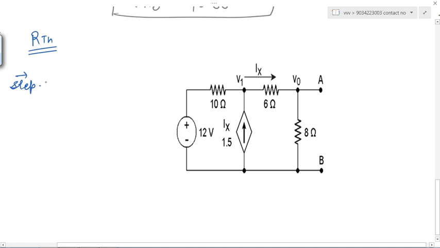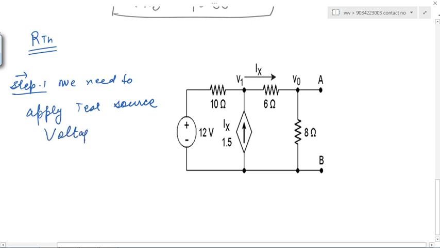Step number 1, we need to apply a test source. What is that test source? Test source can be a voltage source of 1 volt, and test source can be a current source of 1 ampere.